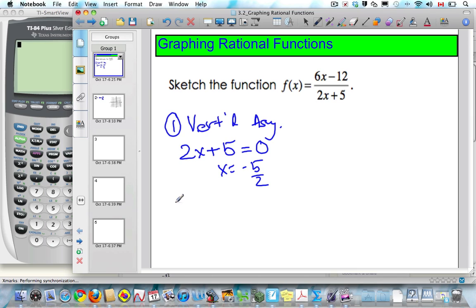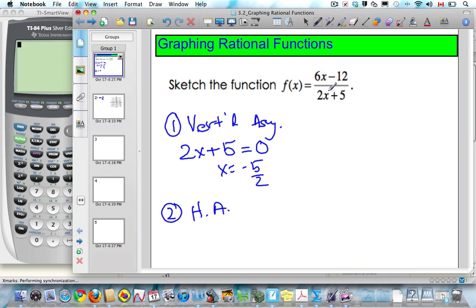The next step that I consider are my horizontal asymptotes. Now, for what we study, we consider two different scenarios. We look at the degree of the numerator, which is the largest exponent of the x, and the degree of the denominator.